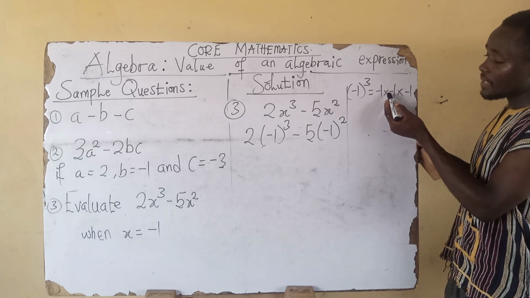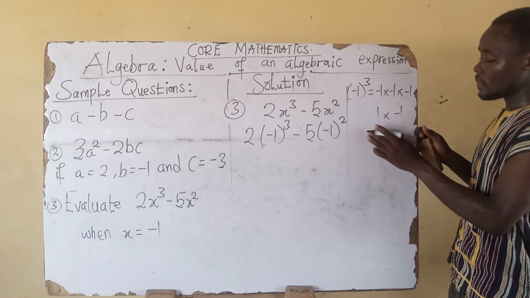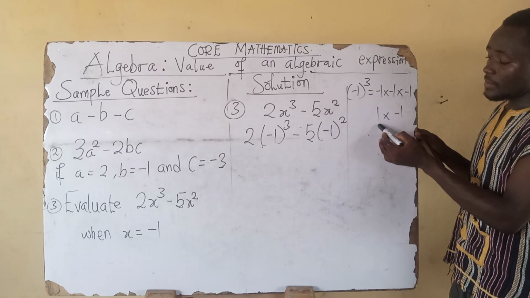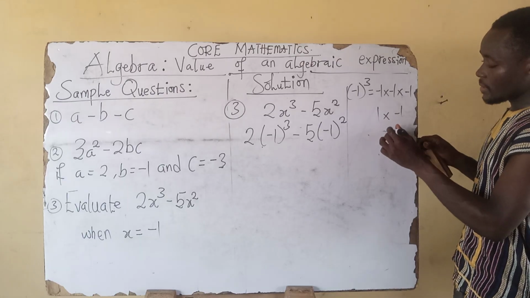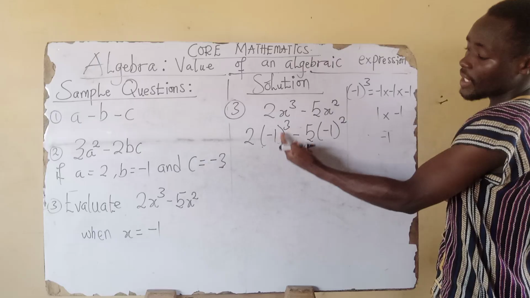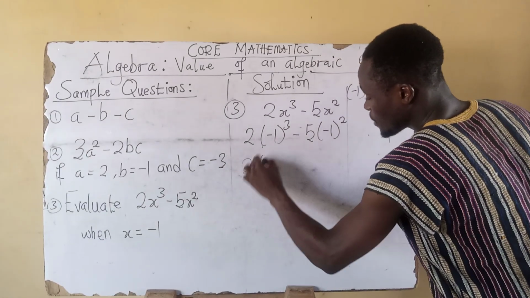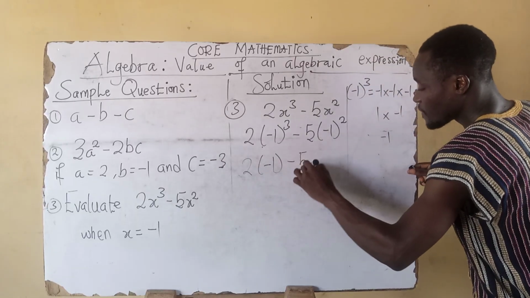I'll multiply negative 1 times negative 1. So I'm going to get positive 1. And times negative 1, I'm going to get negative 1. Are you with me? So here this means that negative 1 all power 3 gives me negative 1. So I have 2 in a bracket, negative 1, minus 5 in a bracket.